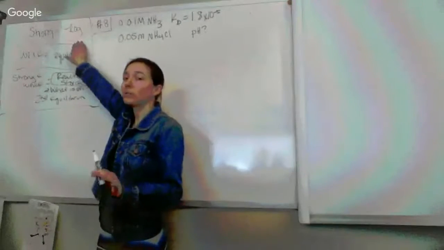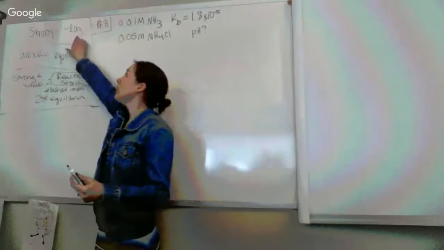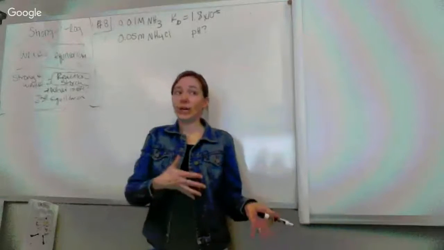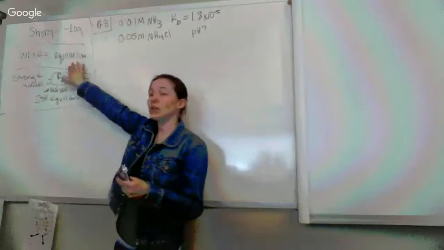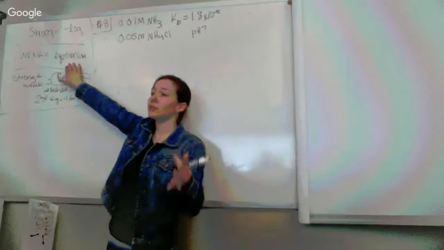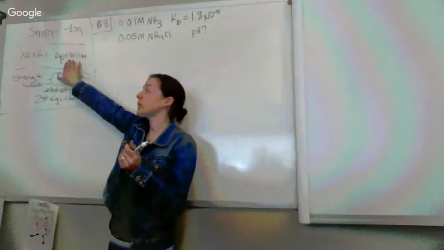It's either just going to be a strong acid or a strong base, so you have to figure out your concentration and then take the negative log. You get your pH that way. Or it'll be a weak acid or a weak base, in which case you just do an equilibrium problem. Maybe it'll be a salt that's secretly just a weak acid or a weak base, so it's just an equilibrium problem.